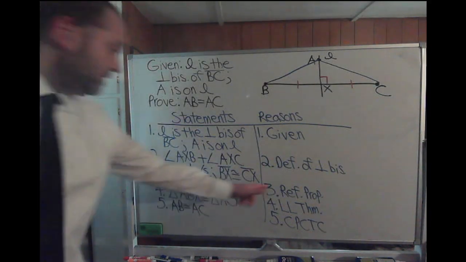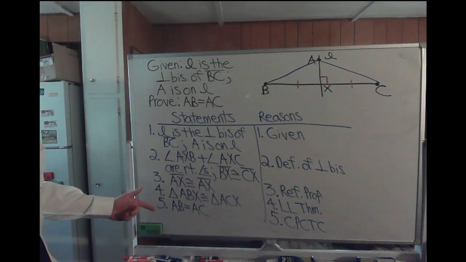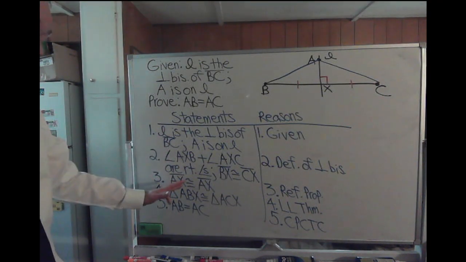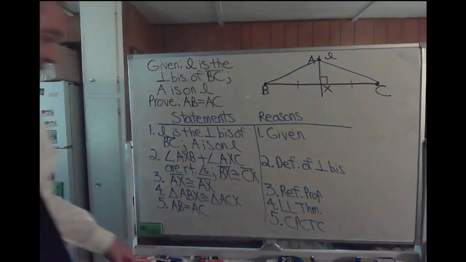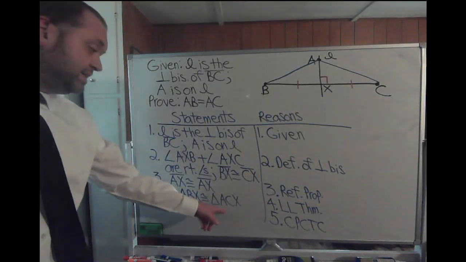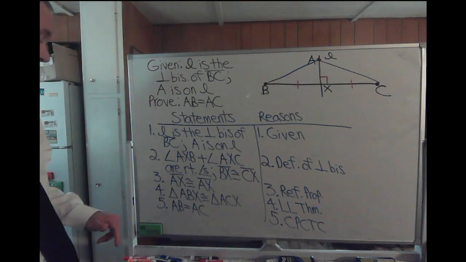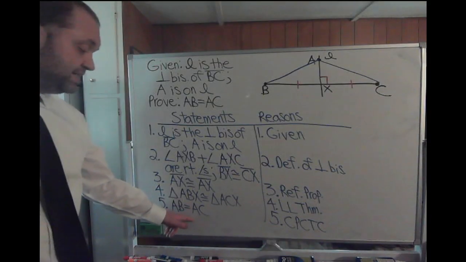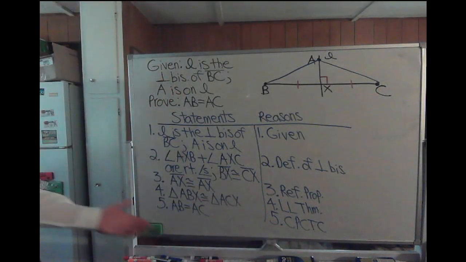And then by the reflexive property, we can say that AX is congruent to AX. By all what we have so far, by the leg-leg theorem, we can conclude that triangle ABX is congruent to triangle ACX, which last but not least leaves us to AB equals AC by corresponding parts of congruent triangles are congruent, or CPCTC.